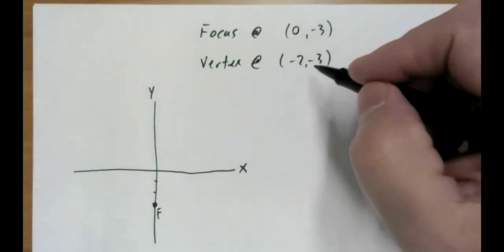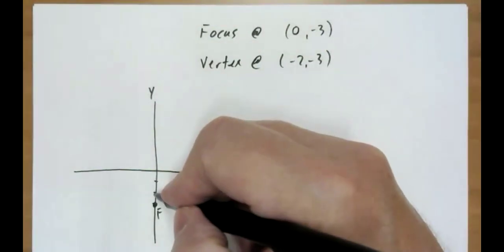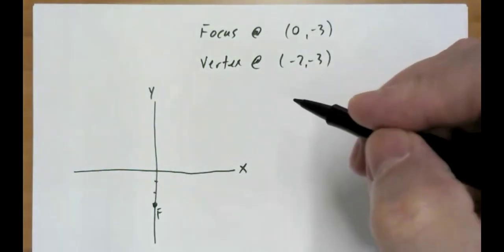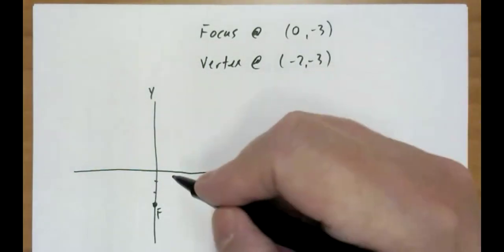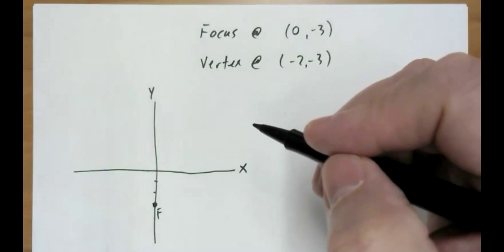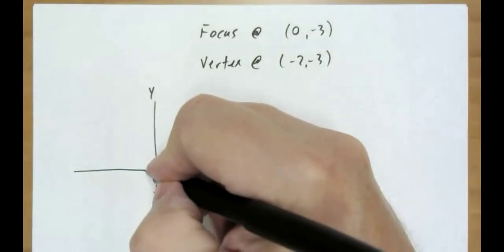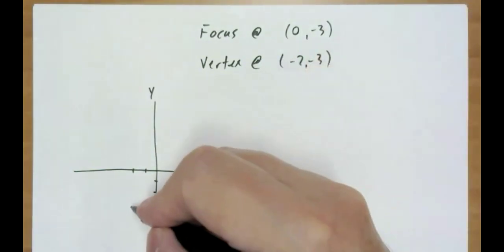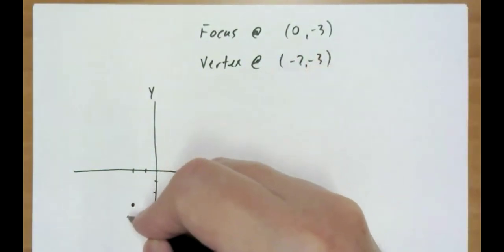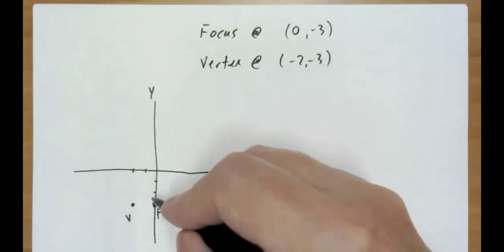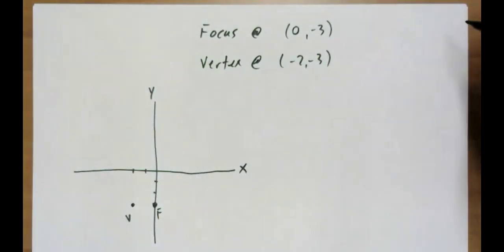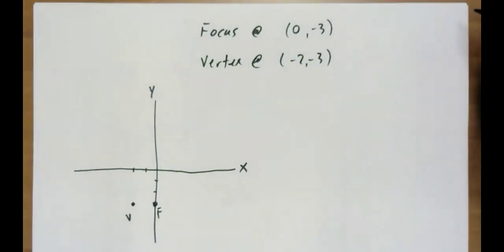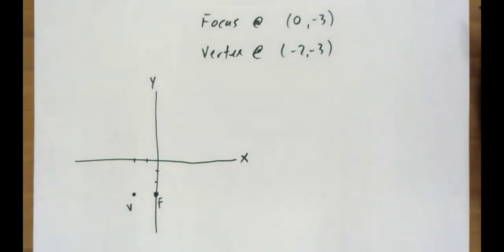The vertex -2, -3. So x -2, y -3. So you can see this parabola is going to open to the right.